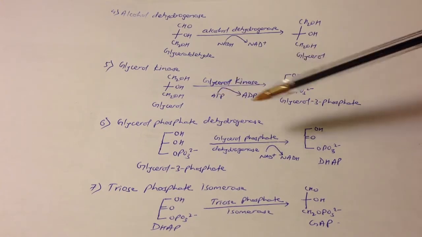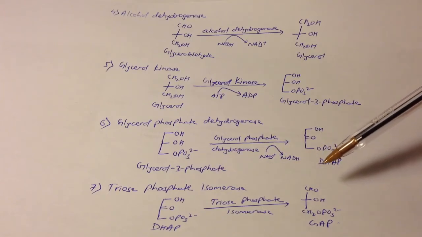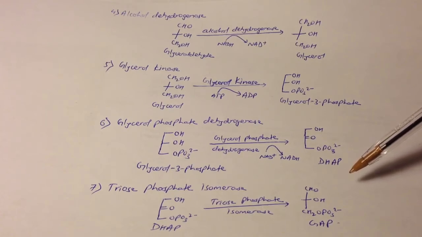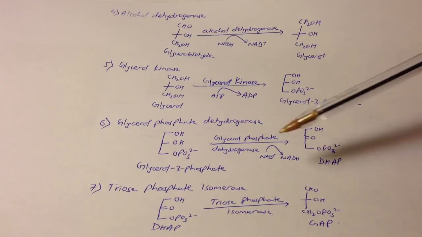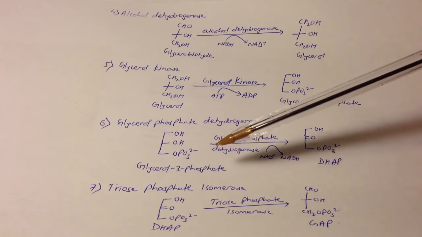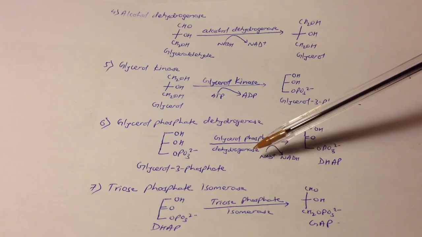In reaction number 6, glycerol 3-phosphate is oxidized to dihydroxyacetone phosphate. And I told you guys before that whenever there's an oxidation or reduction reaction, the enzyme is usually a dehydrogenase. So in this case, the enzyme is glycerol phosphate dehydrogenase.